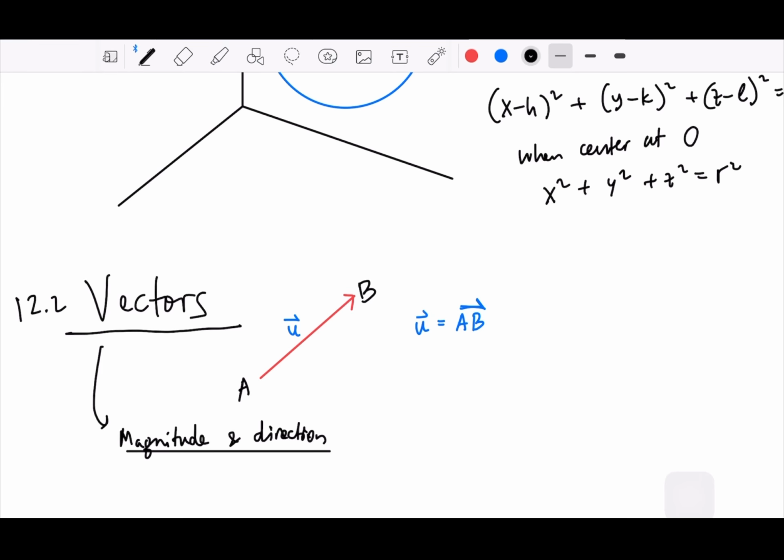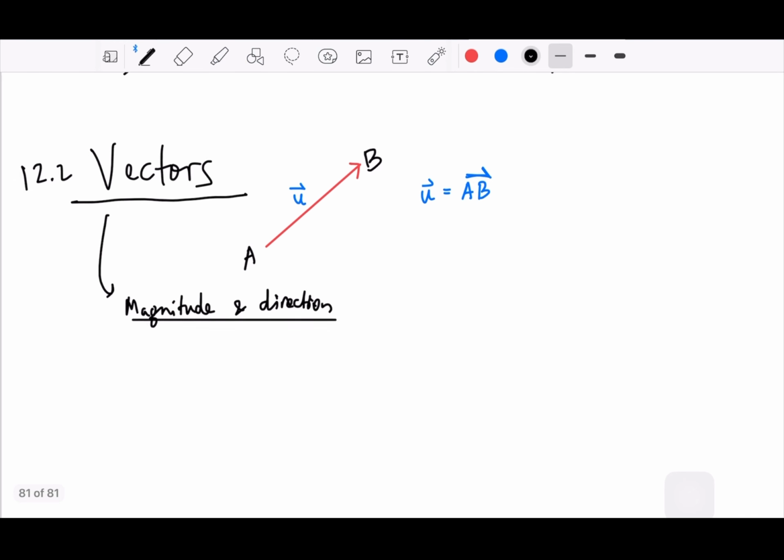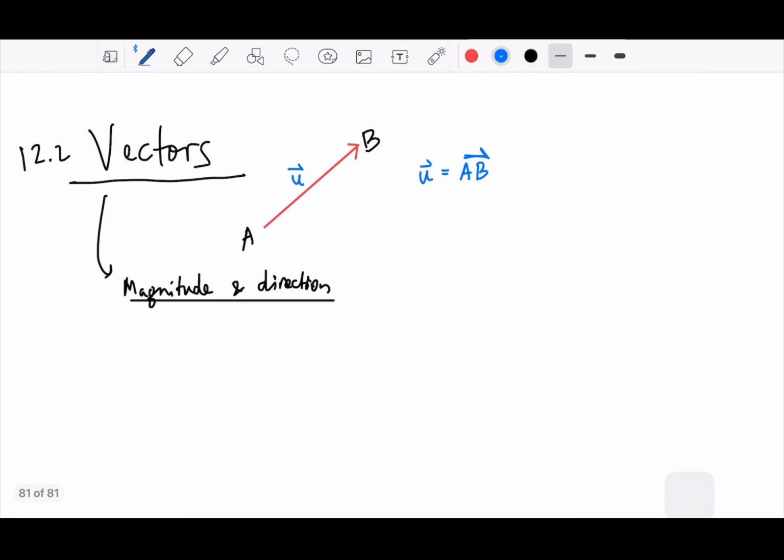Okay. And if we add vectors, so if this is u and v, this part will be u plus v.